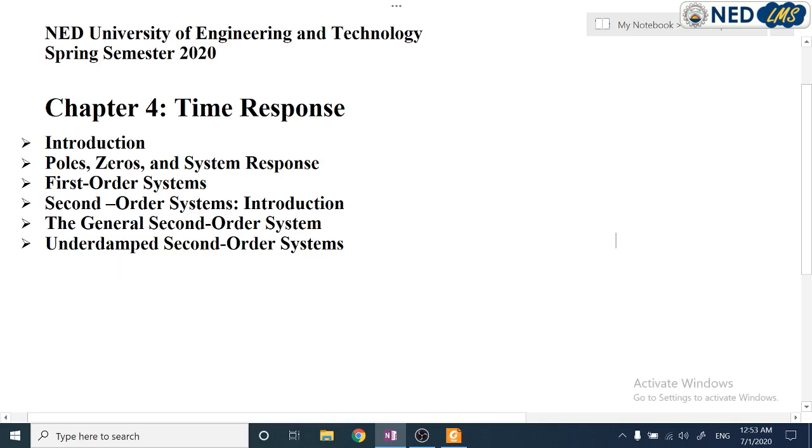So, in chapter number 1, we have discussed the analysis and design objectives, the design process, and also some standard test inputs.